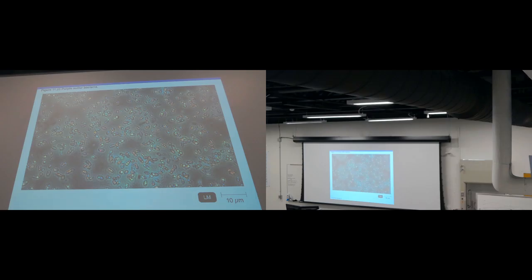So this is how purple sulfur bacteria look. It has this nice coloring because it has different levels of oxidation of sulfur.